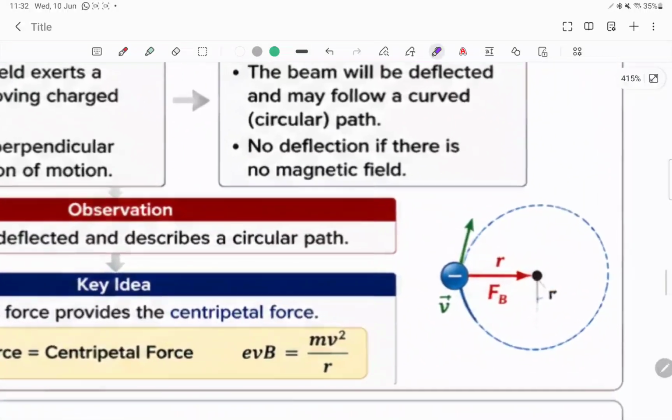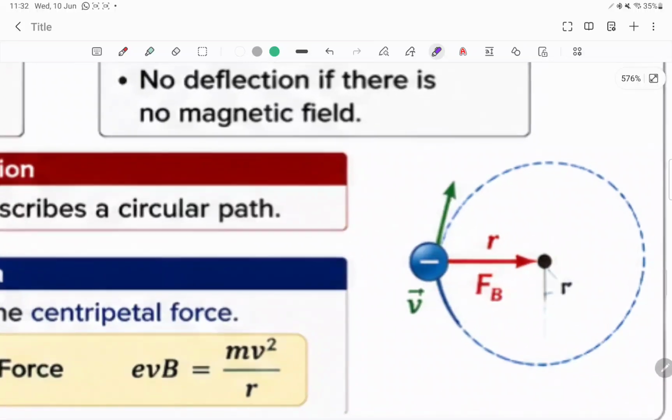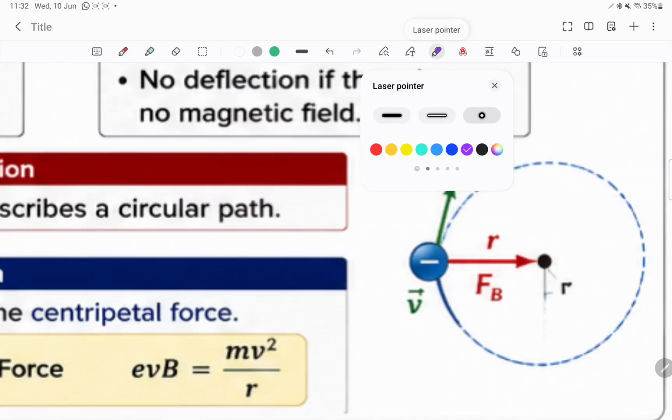Let's come over here. We can see here that the magnetic field bends the cathode rays into a curved path. The force required to keep any object moving in a circular path is called centripetal force.